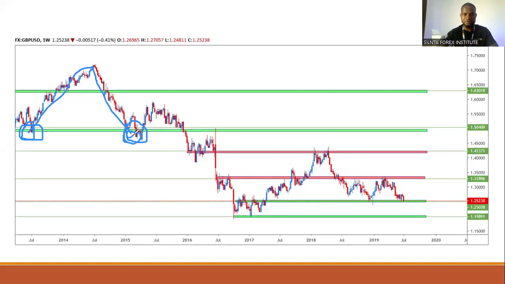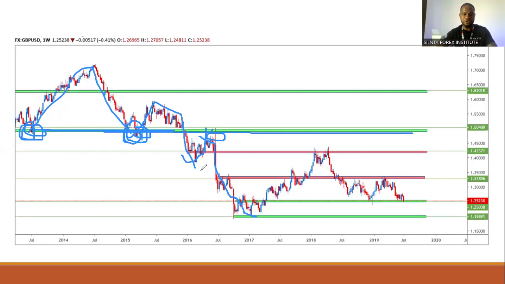It did respect a bit, and then it went up again, and then it came to violate this area. When price came back to this area, it respected it, but in an opposite manner. What was known as a support became a resistance. That's why the price was sent down.